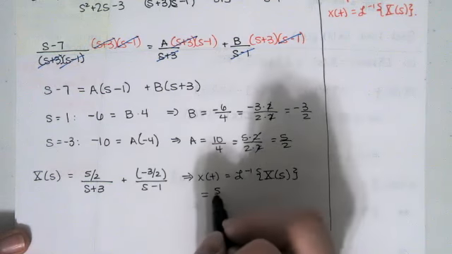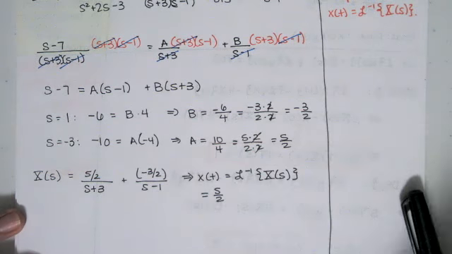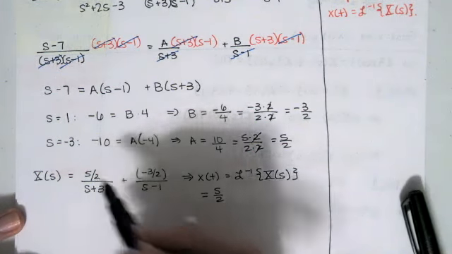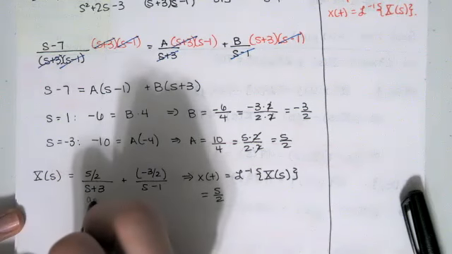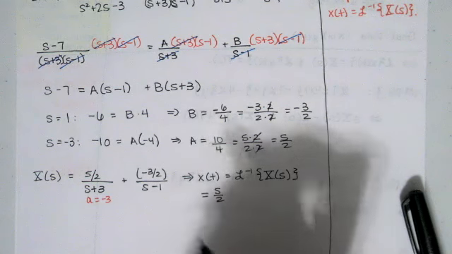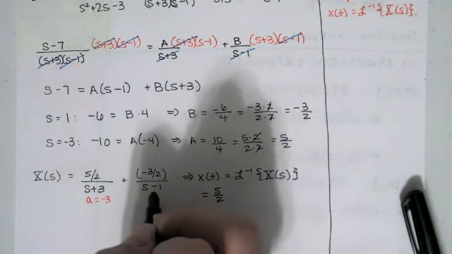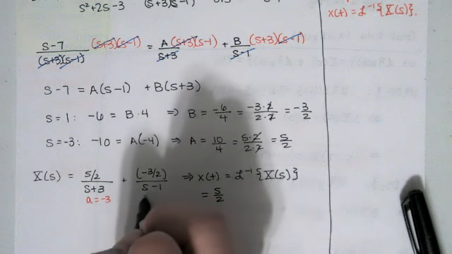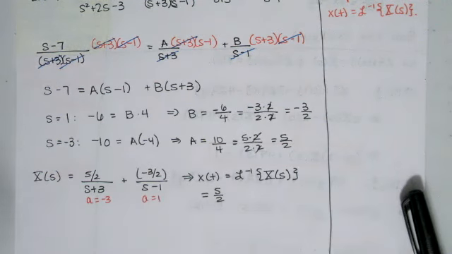That's going to give me 5/2 times 1 over (s + 3). I'm comparing that s + 3 to s − a, so a is negative 3. And comparing this s − 1 to s − a, a is 1 here.